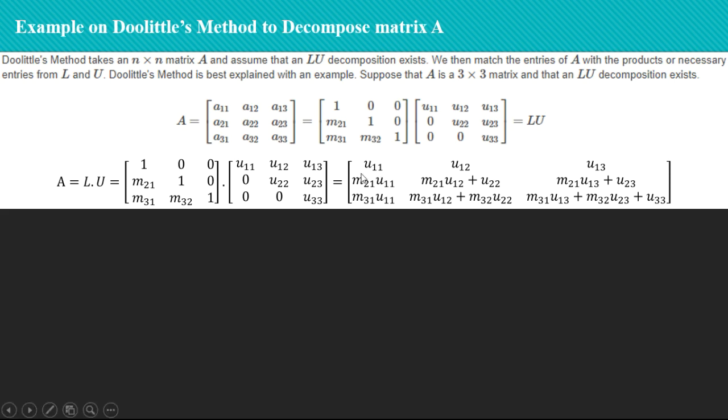So u11 will be equal to a11, u12 will be equal to a12, and u13 will be equal to a13. In the same way, m21 u11 will be equal to a21.